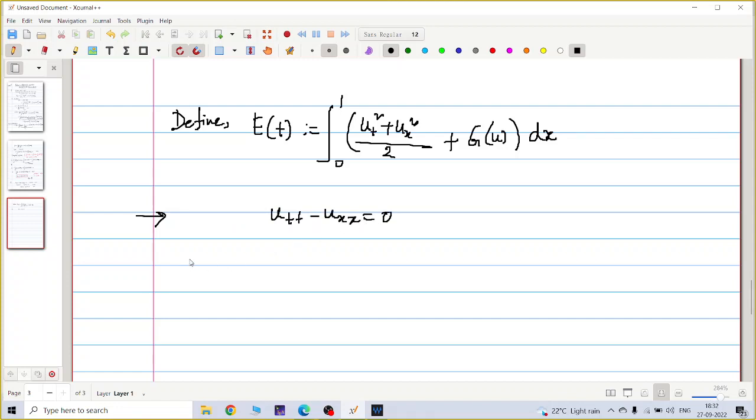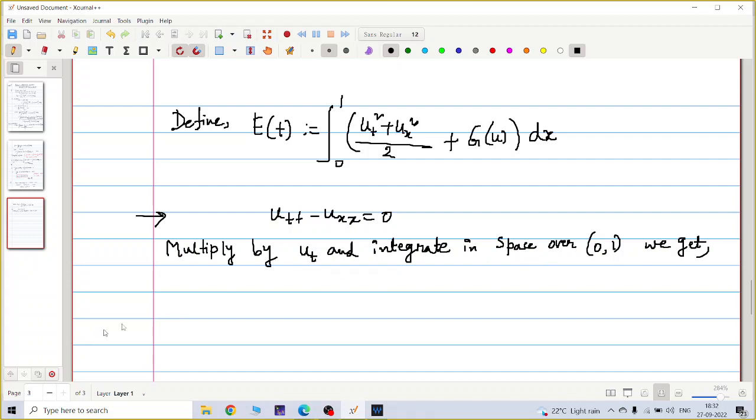And I will multiply this by ut and integrate in space over 0 to 1, using integration by parts.